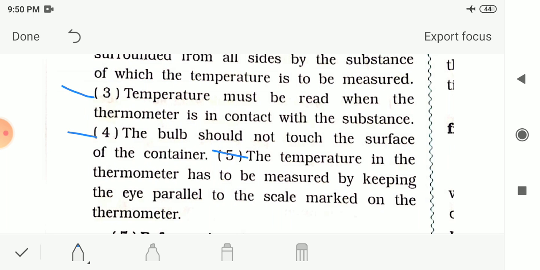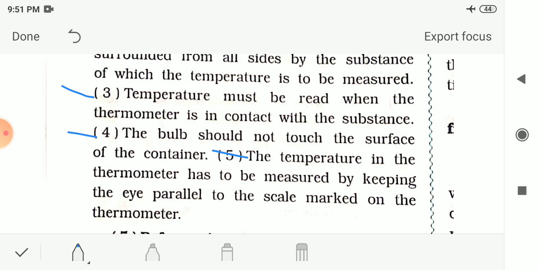And then next is, the temperature has to be measured by keeping the eye parallel to the scale marked on the thermometer. This precaution should be taken while taking the reading with the help of the laboratory thermometer.